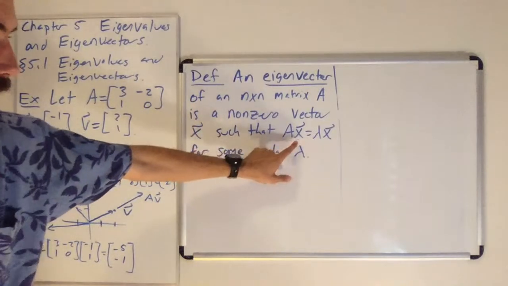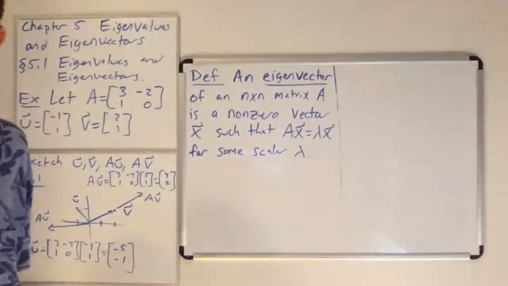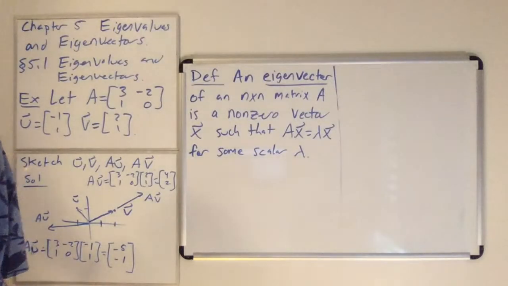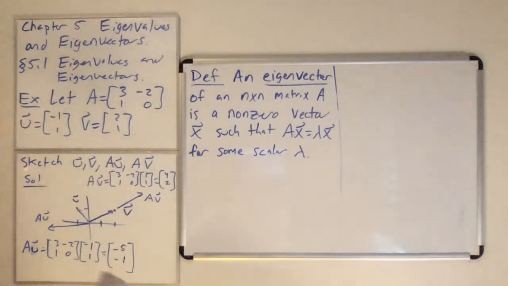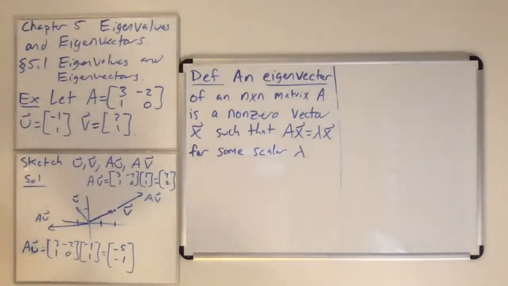take a vector x and multiply it by A, what happens is you stretch the vector. Okay, so an eigenvector is a vector that gets stretched. It doesn't get rotated at all. It just gets stretched by multiplying by A. We call lambda the eigenvalue.